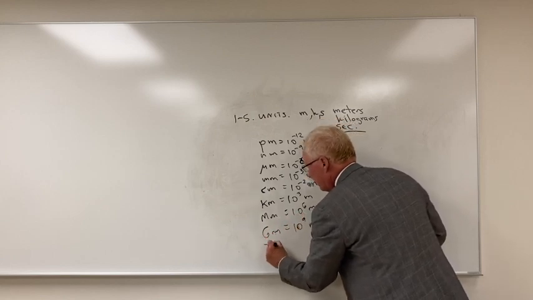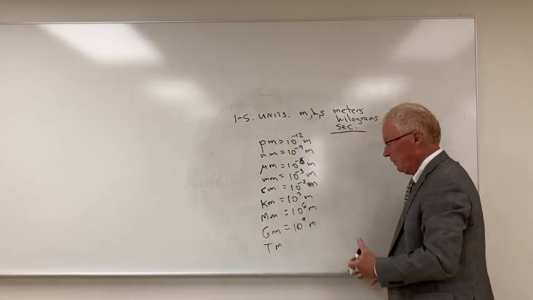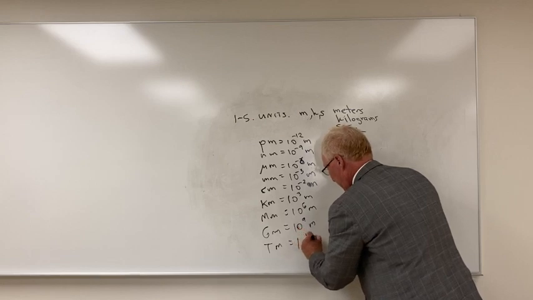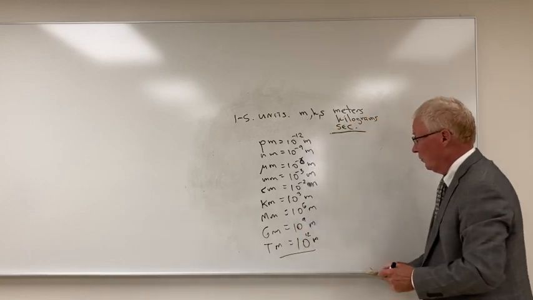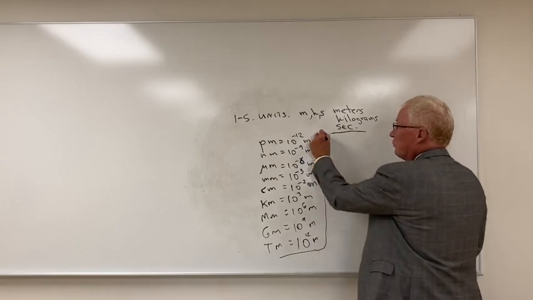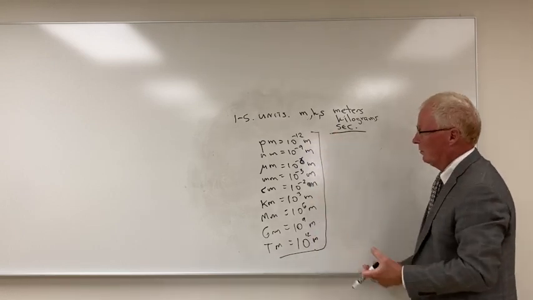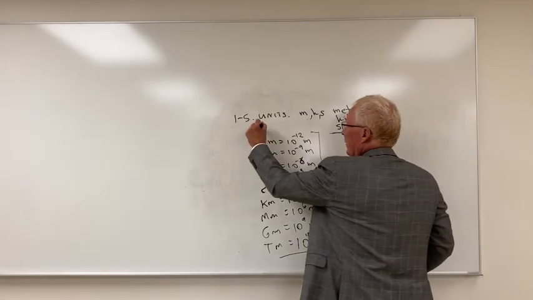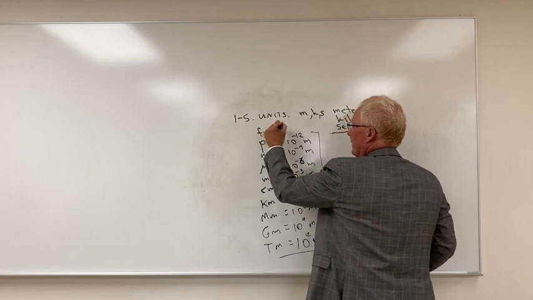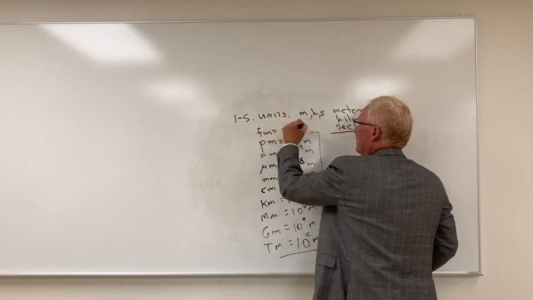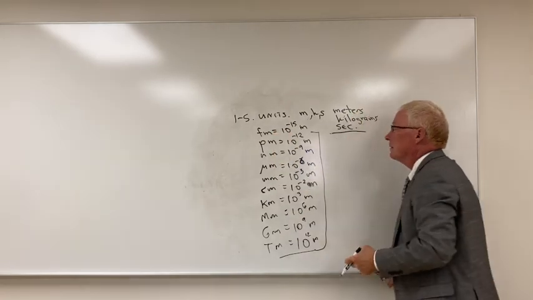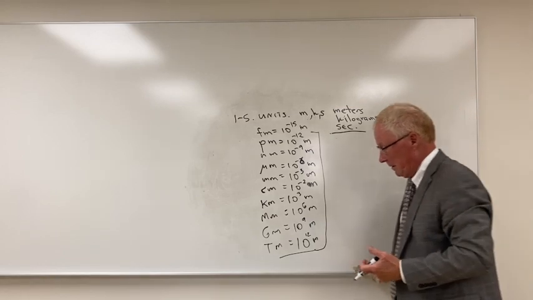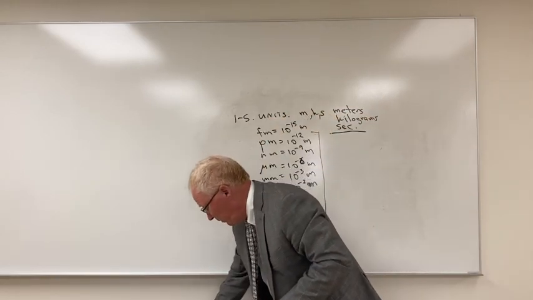And tera, a lot of you know from gigabytes, terabytes, and so on, is 10 to the 12th meters. Okay? So those are the standard prefixes we'll be using. We're not really going to do anything smaller or larger than that. You can get down to smaller and smaller. Maybe if you want to add femtometer, which is about the size of a nucleus of an atom, is 10 to the minus 15th. So those are the prefixes we'll be using for that.